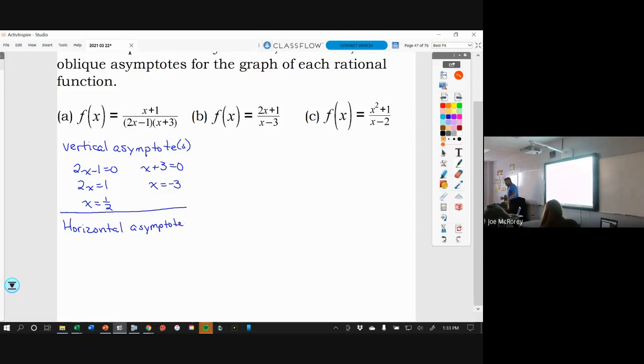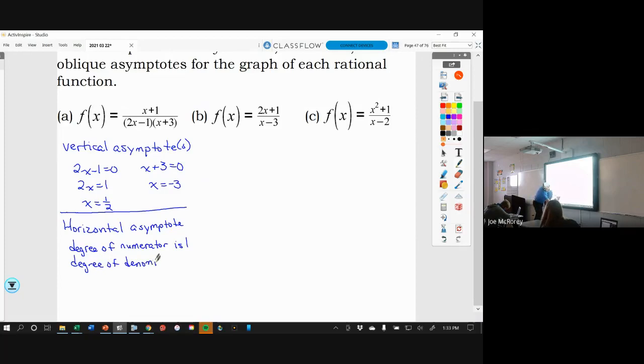What is the degree of the numerator? Oh, it's 2. Wait. One, 2. Degree of the numerator, it's 1. This is x to the first power. Okay. What is the degree of the denominator? 2.